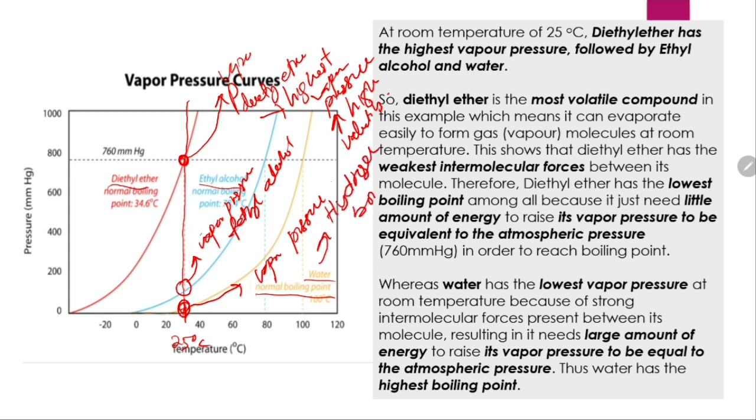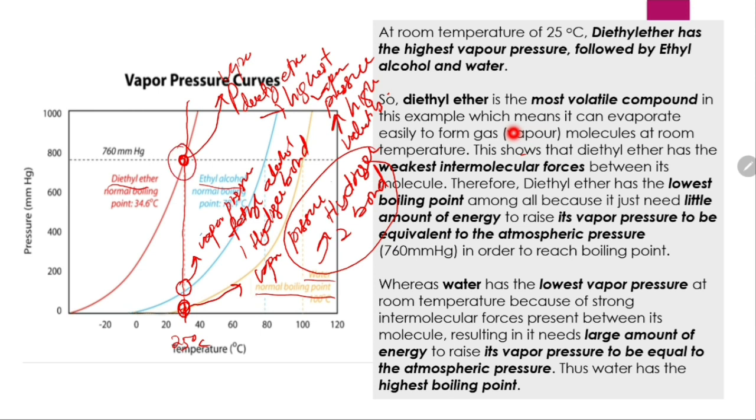Hydrogen bond is the strongest intermolecular force. Ethyl alcohol also has hydrogen bond. The difference between these two is water has 2 hydrogen bonds per molecule, while ethyl alcohol only has 1 hydrogen bond. So water has stronger intermolecular forces compared to ethyl alcohol.